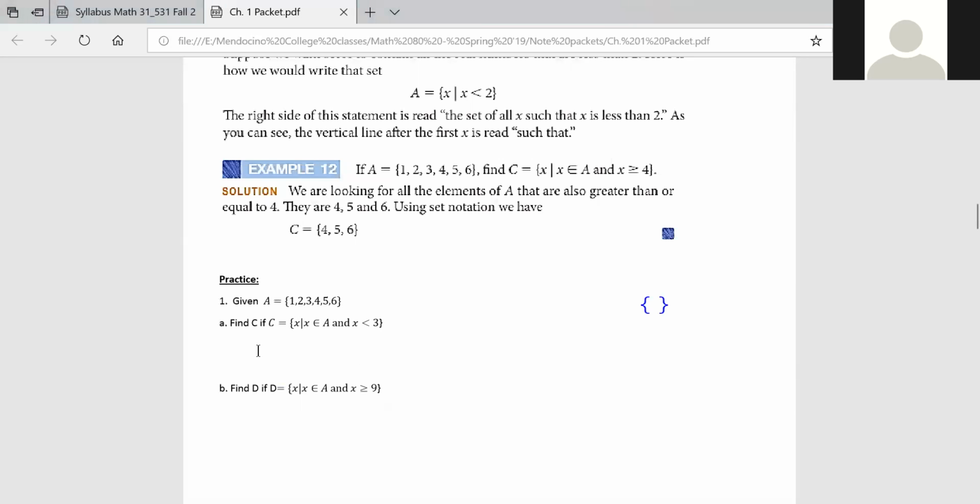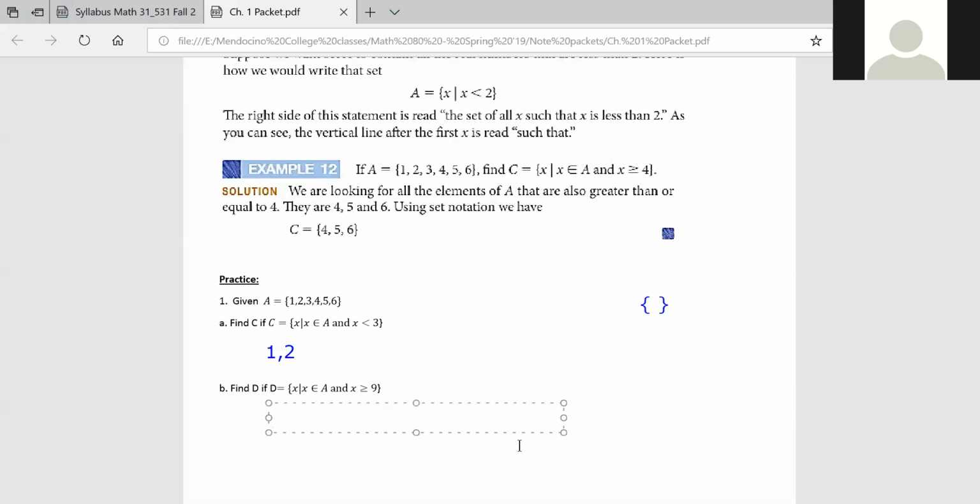Exactly. Okay. That makes sense, because I would have never known that. The X's would have confused me. I would have thought I was looking for a number. Yeah, X is kind of like the generic variable. So then for part B, how would you read that?